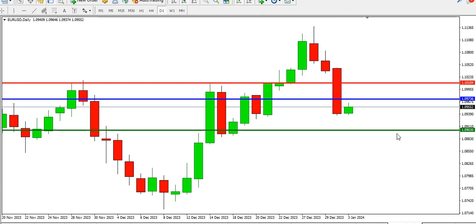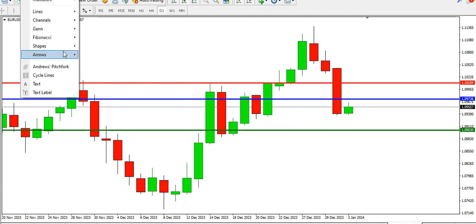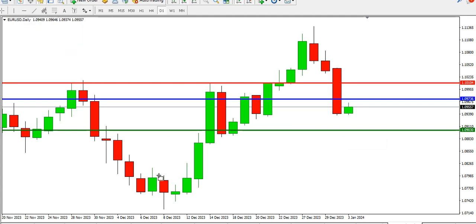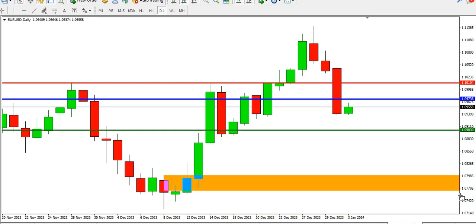So when I see price drop towards the support at 1.09030 level, and then we have this demand level around here, and this other block around here, price might find demand at this particular point for EURUSD. But for now, with this candlestick pattern, you might want to look for selling opportunities.